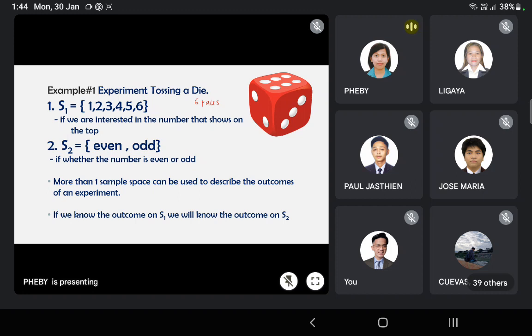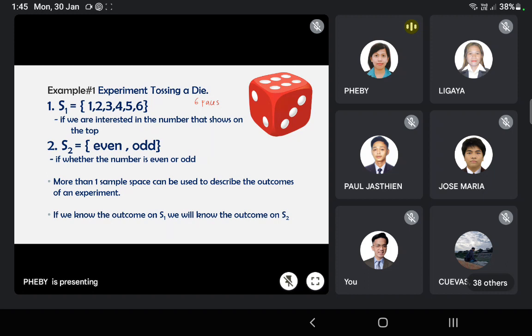So, if we know the outcome on S1, we will know the outcome on S and S sub 2. Kasi kunwari, sa S sub 1 or sa first flip, nag-toss tayo ng die, kung lalabas 1, therefore, ang outcome na lumabas is odd.